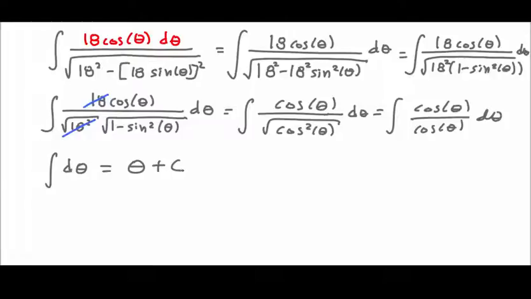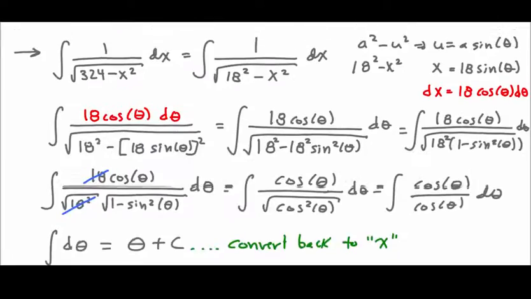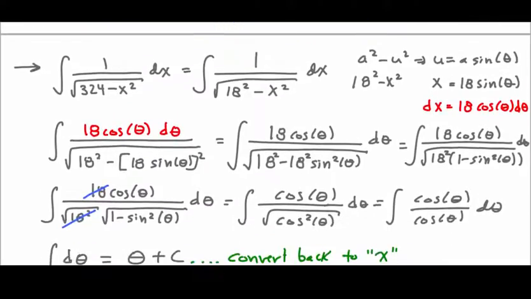But we need to convert back. And my original variable was x. So the way we're going to convert back to x is to use that original substitution to help us make that triangle key. So our original substitution was x equal 18 sine theta.